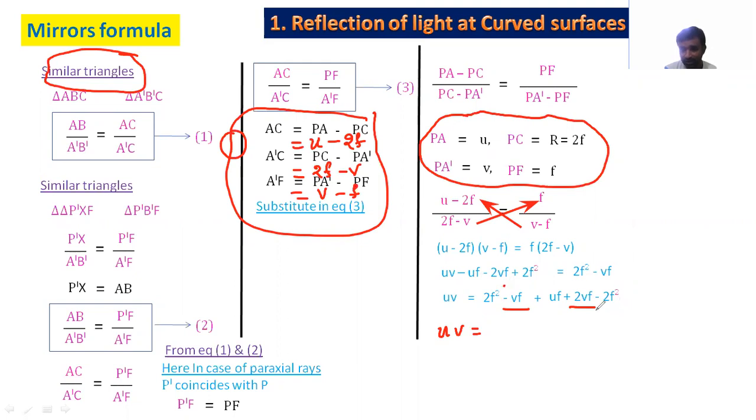So cancelled. Then here also opposite symbols are there, so the difference we will take. So what is the difference remaining here? VF, right? Plus UF is remaining. Any confusion? UV equal to VF plus UF is remaining.